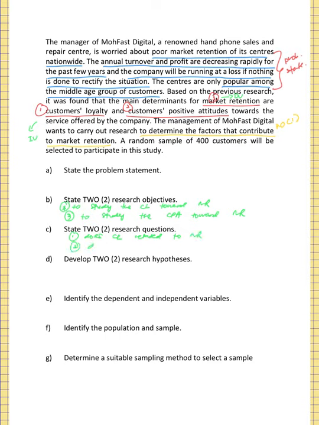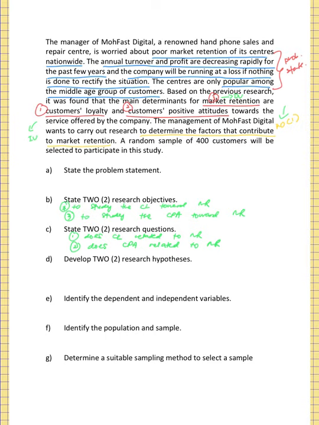Yang kedua, does customer positive attitude related to market retention? Okay, kalau awak nak buat objektif untuk this one, kita boleh kata what are the factor that contribute to market retention? Okay, boleh juga.